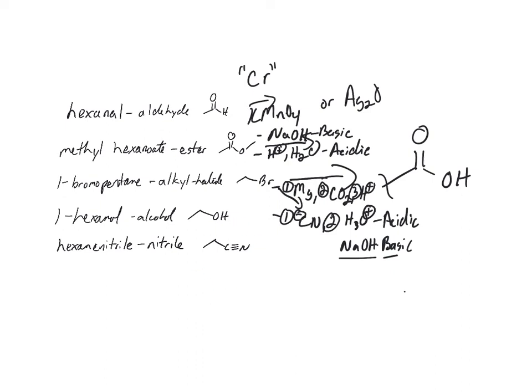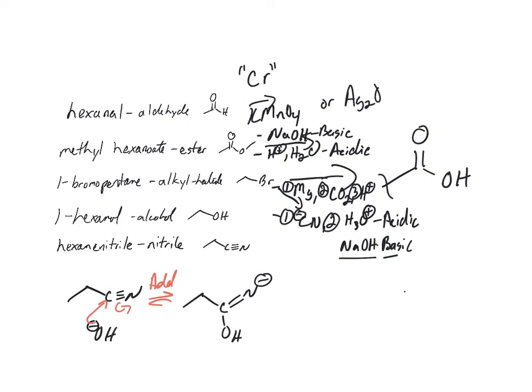All right. How do I turn a nitrile into a carboxylic acid under basic conditions? So the first step is going to be addition, because we're in basic conditions. All right. Let's see.